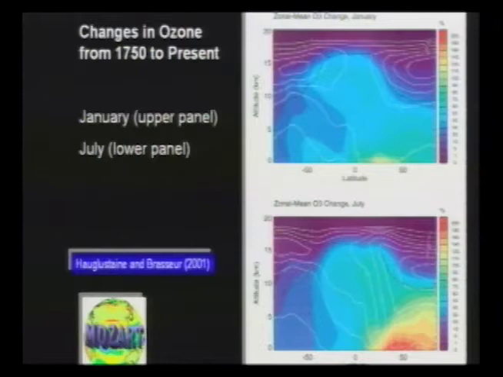And so if you try to represent this in a model, you have, of course, to make a large number of assumptions in the emissions that you're taking. But a simple calculation that you can do is to assume that the pre-industrial situation didn't have fossil fuel emissions, and that the only emissions of precursors were coming from lightning, from soil emissions, from vegetation emissions, and also from biomass burning.